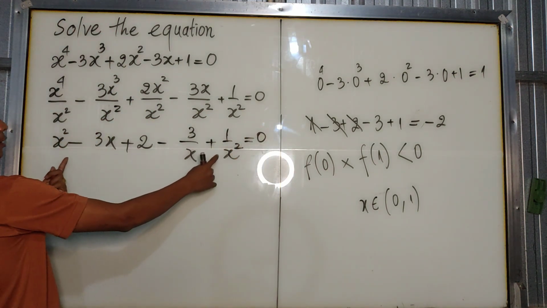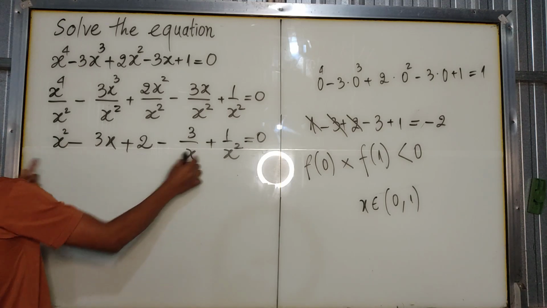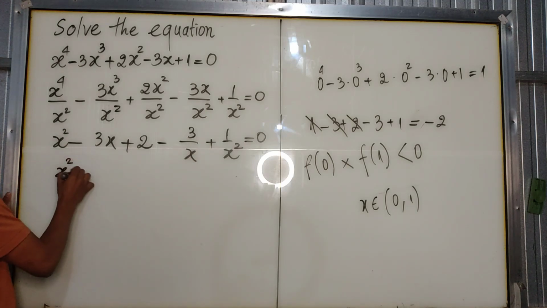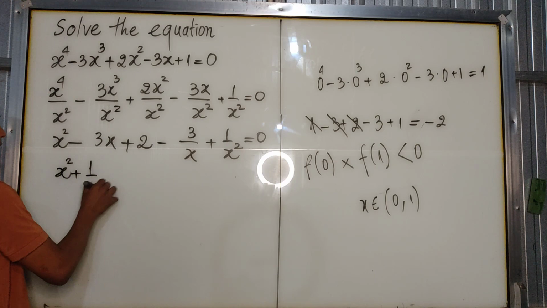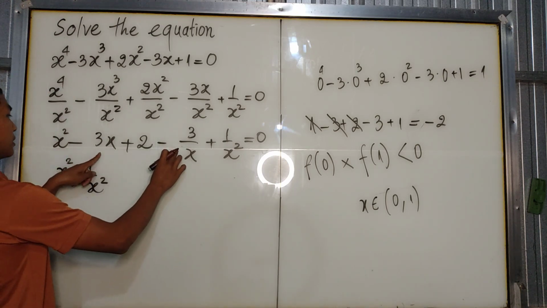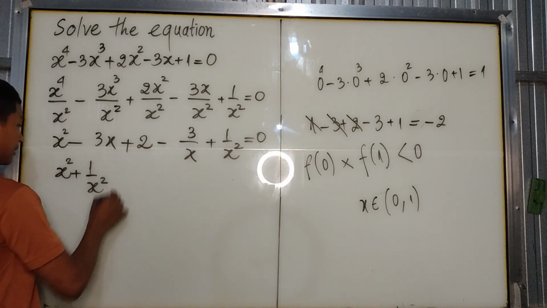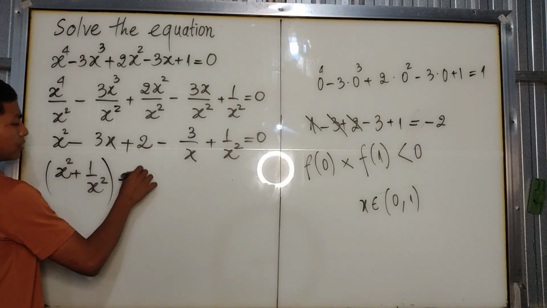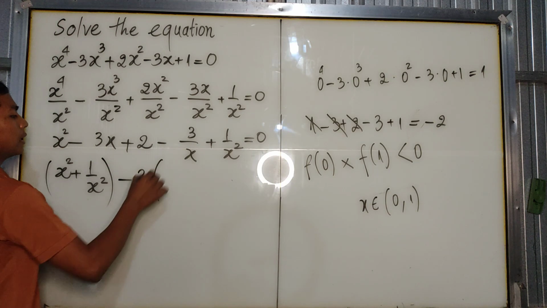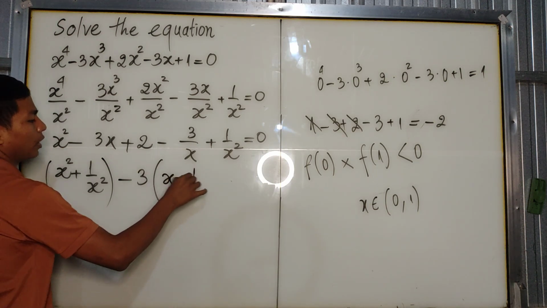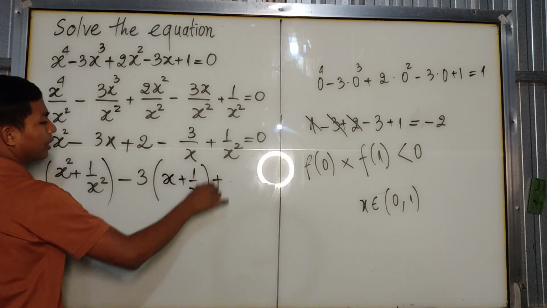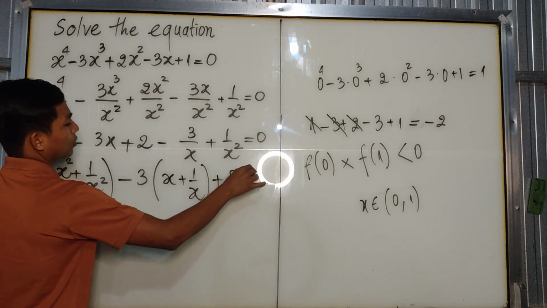And now we write it differently: we get x squared plus 1 over x squared, and I take minus 3 out as a factor, so we get minus 3 multiplied by x plus 1 over x, and plus 2 equals 0.